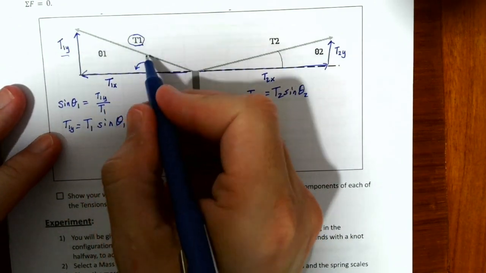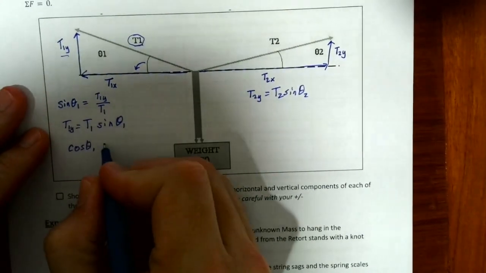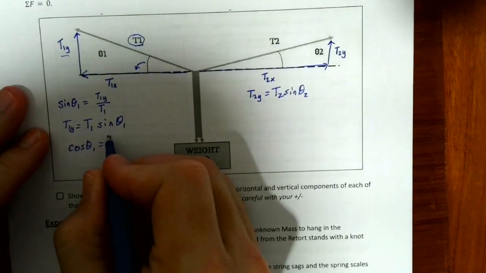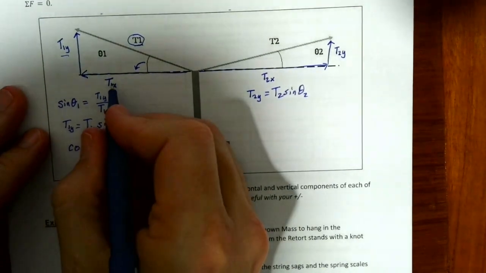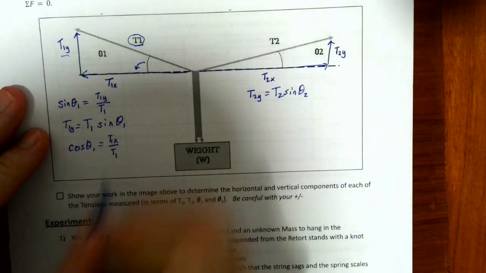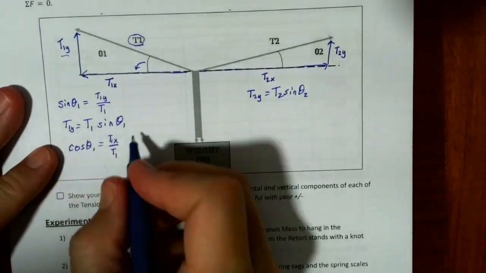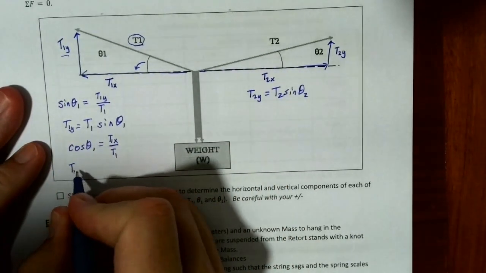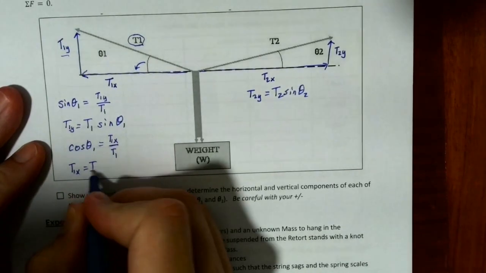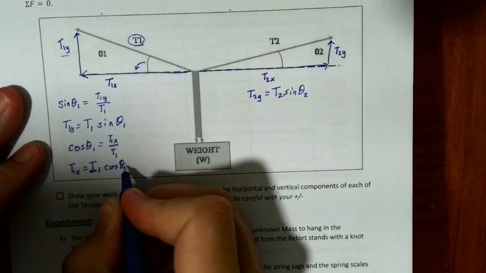So that'll be adjacent over hypotenuse, which will be cosine of theta 1 equals T1x, that's the adjacent side, over the hypotenuse, which is just T1. And again, I just multiply both sides by T1, and so I end up with T1x equals T1 cosine theta 1.